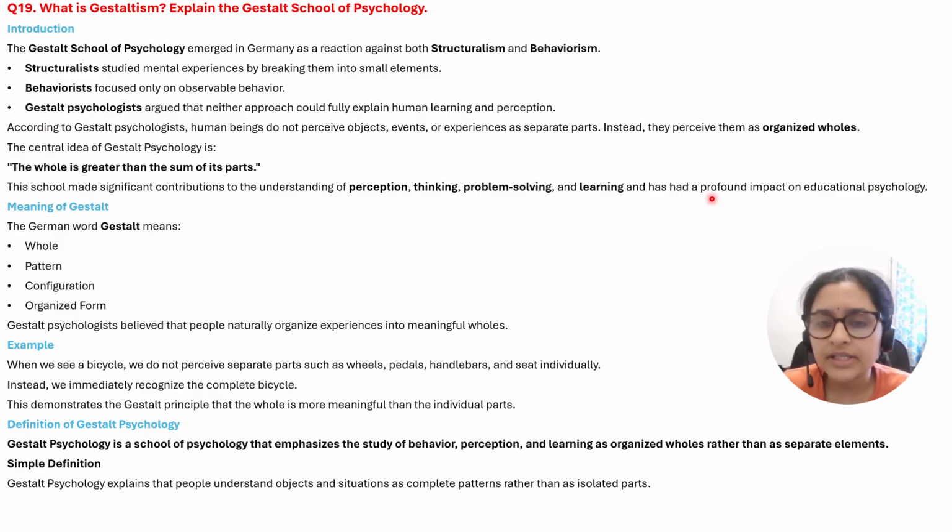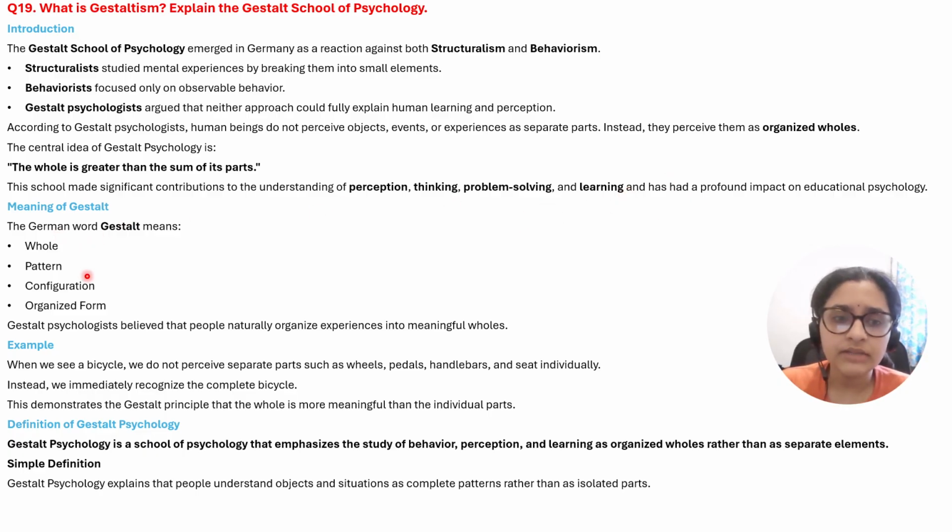The central idea of gestalt psychology is that the whole is greater than the sum of its parts. So they are saying one should not divide experiences into fragments, but look at them as a whole. It made significant contributions in understanding perception, thinking, problem solving, and learning.